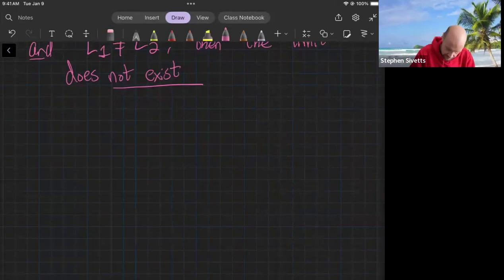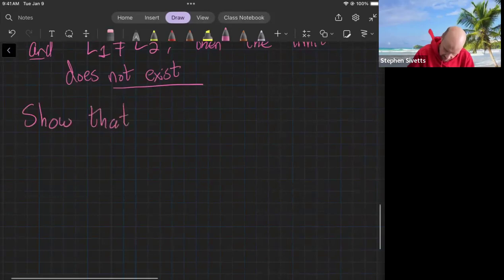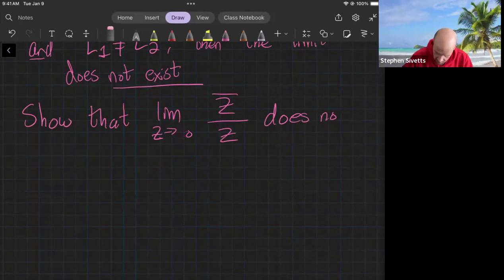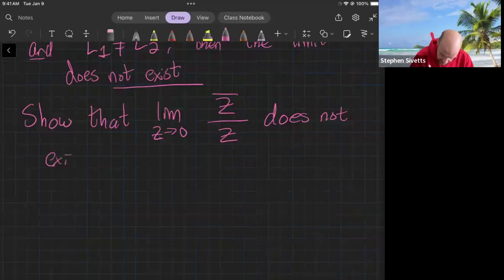So let's look at this example in action. Let's show that the limit as z approaches 0 of z bar divided by z does not exist.